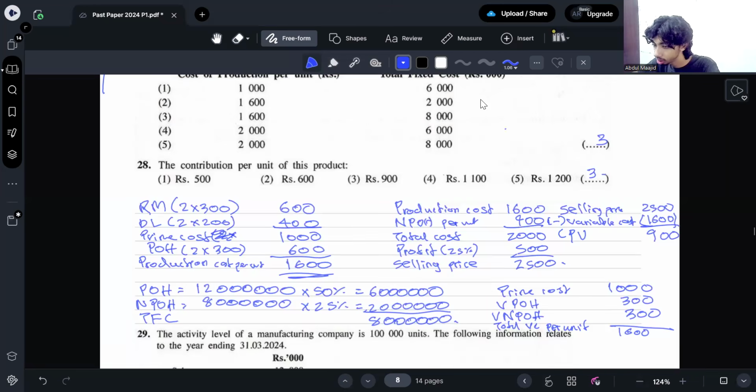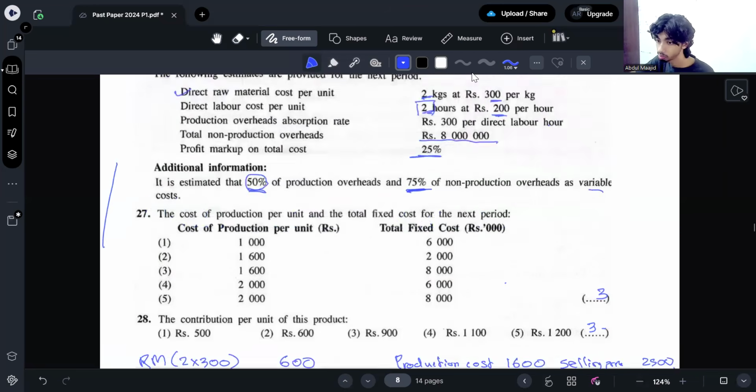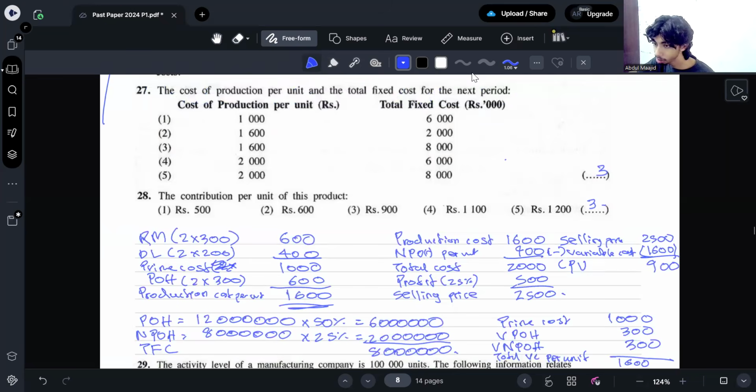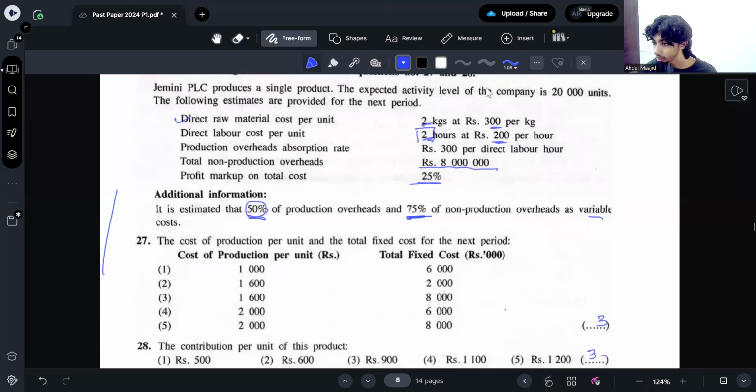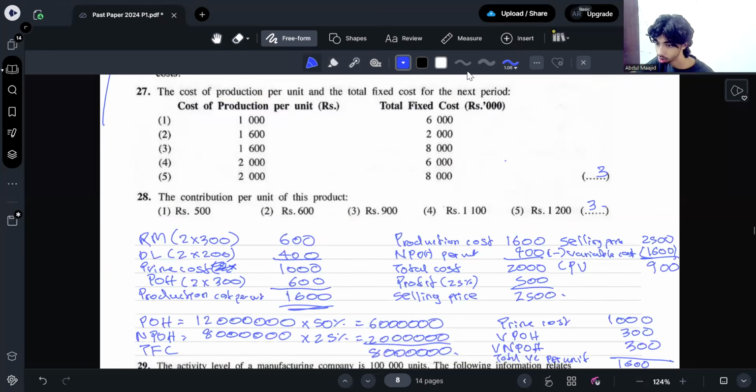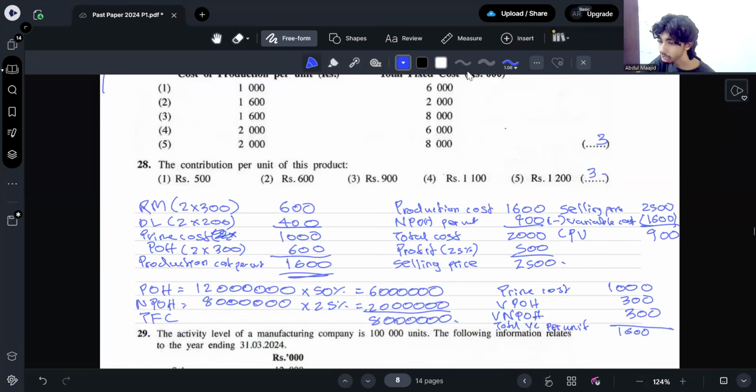How you get the total variable cost per unit. Here this entire prime cost is variable cost, right? This direct material and direct labor, those are variable costs, right? Okay. So prime cost is a variable cost, 1,000. All right. Now production overhead.